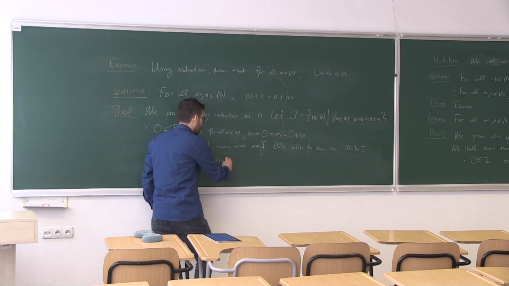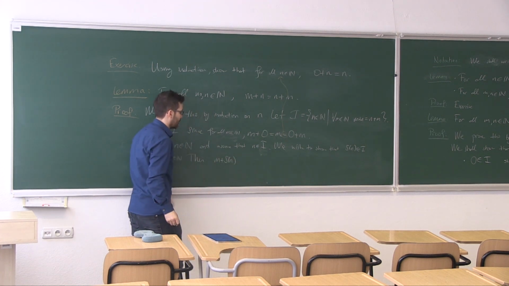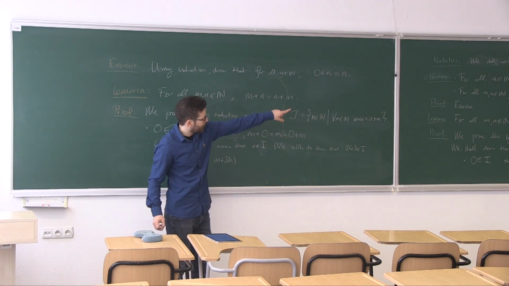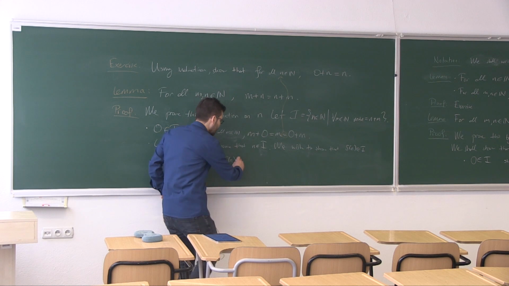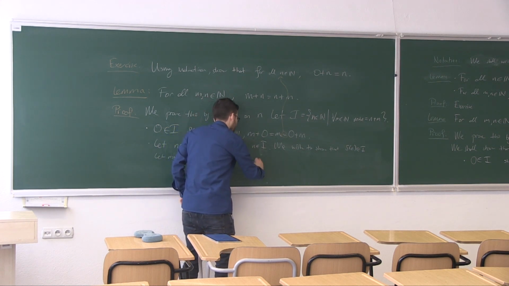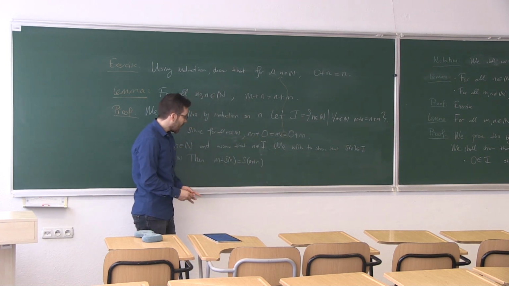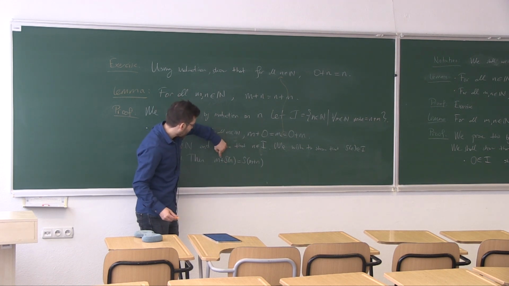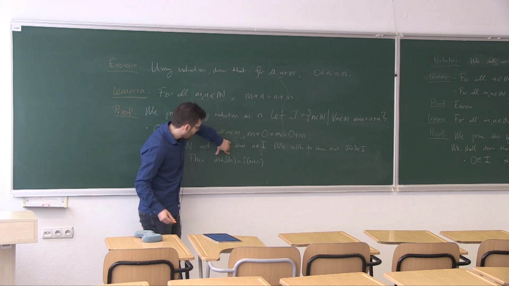I start with m plus S of n. By the definition of addition, this is S of m plus n. I don't know what to do with this; I can only use the definition, and I converted this to S of m plus n.